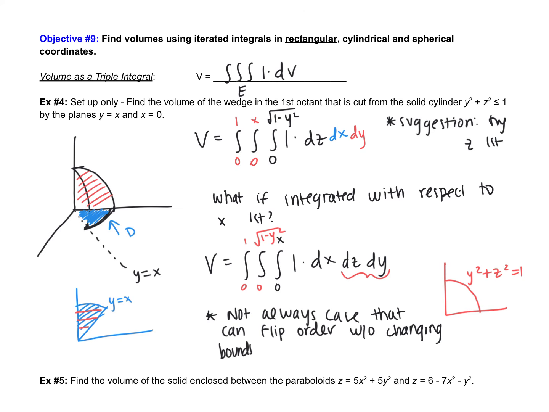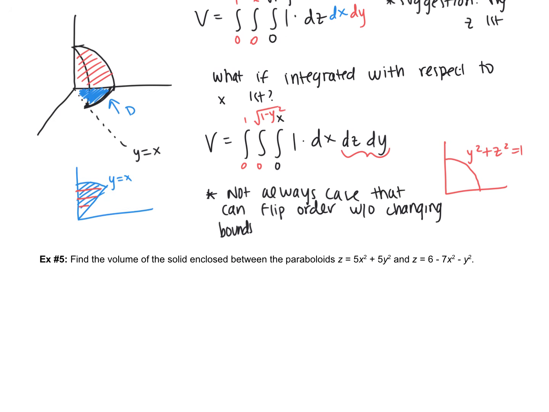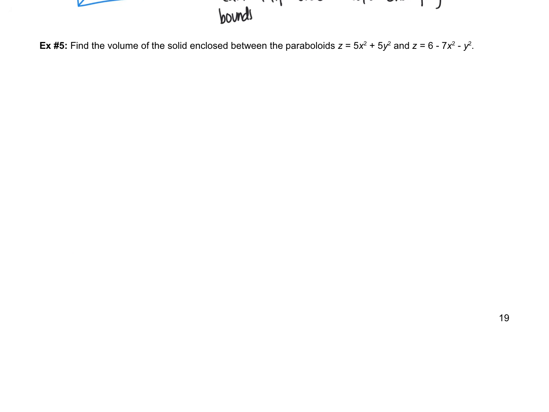Okay, so together we are going to take a look at one more example, again just setting it up, not solving, to find volume. Find the volume of the solid enclosed between the paraboloids z equals 5x squared plus 5y squared, and z equals 6 subtract 7x squared subtract y squared.